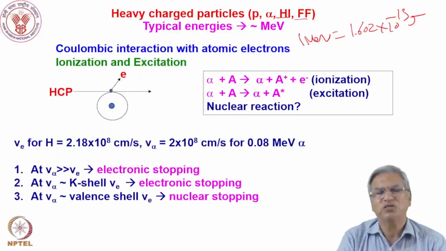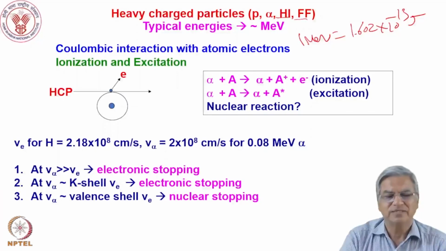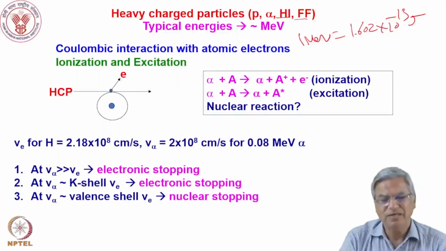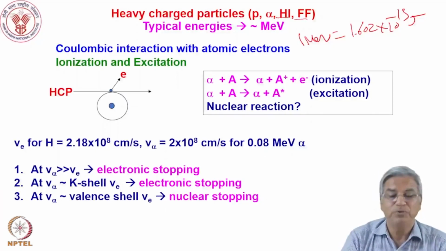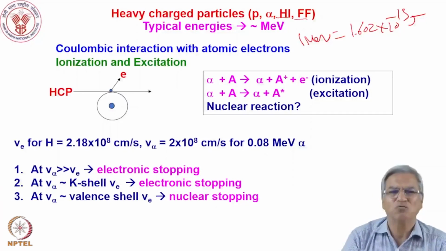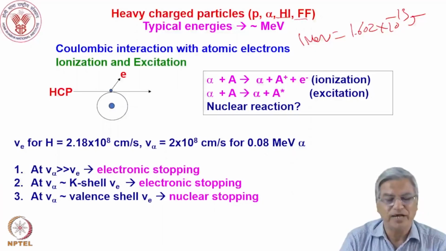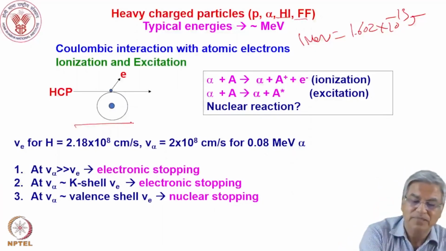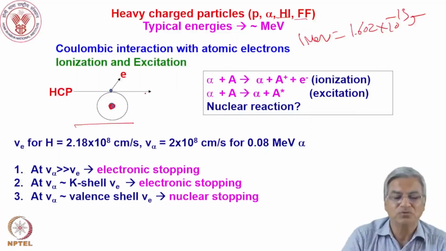Because of their charge, they interact with the material basically by Coulomb interaction with the atomic electrons. Now in the material, the major volume is occupied by electrons. As you know by this time, the nuclei occupy a very small volume in an atom. For example, if this is an atom, the nucleus occupies a very small volume and the rest is all occupied by electrons.